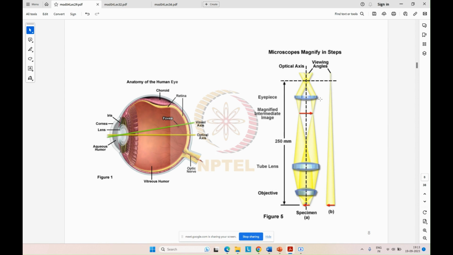And then finally you have the eyepiece. There could be a magnification at the eyepiece as well, and the eyepiece is where you place your eye, or your detector beyond the eyepiece, and you observe what the image is.